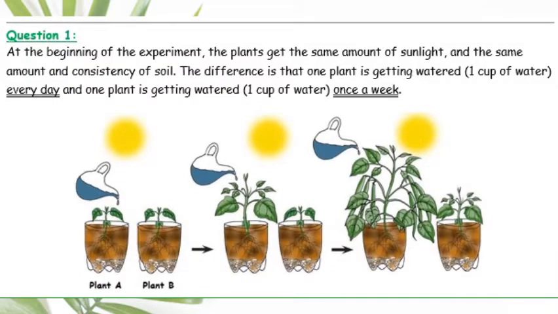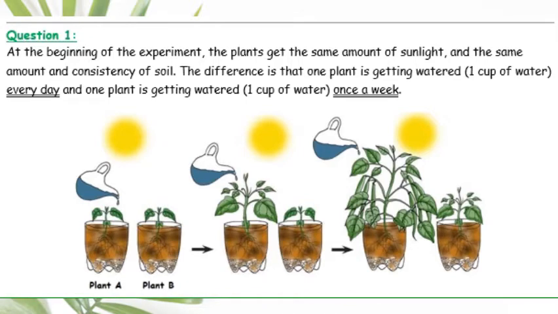So, guys, we did an experiment, and at the beginning of the experiment, the plants get the same amount of sunlight, same amount and same composition of soil. The only difference is that we gave these two plants different amount of water.